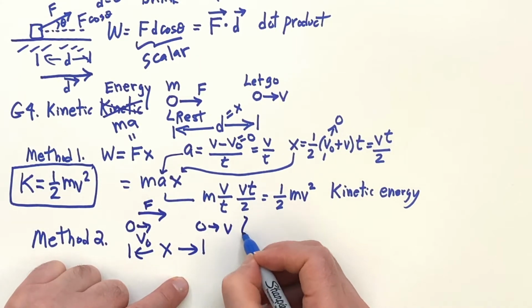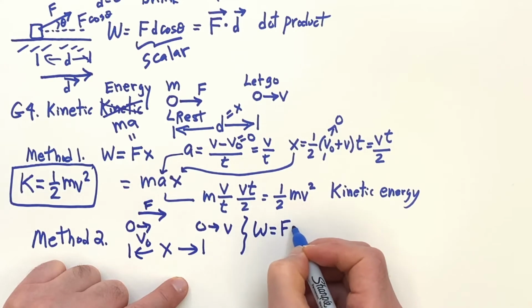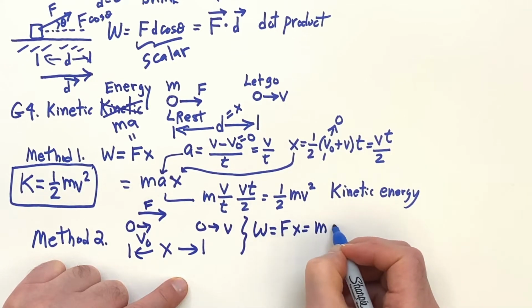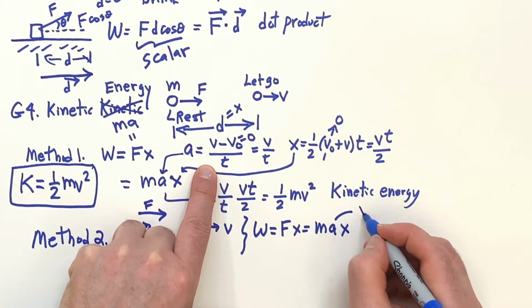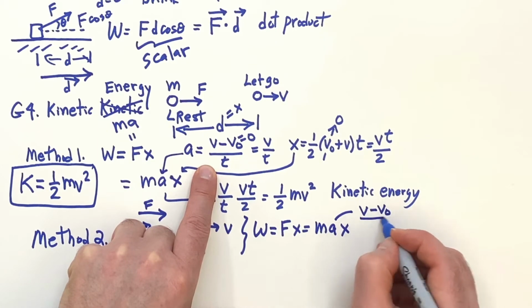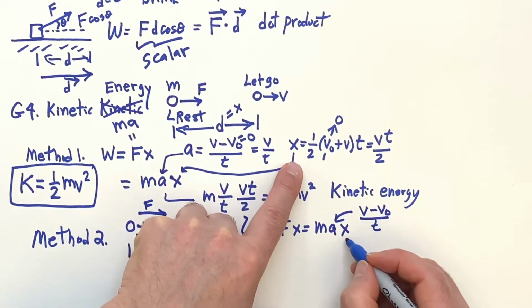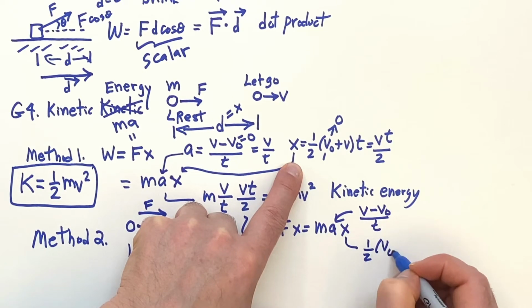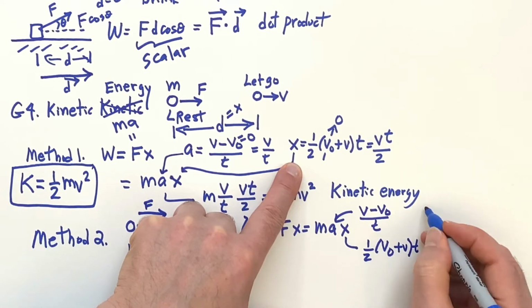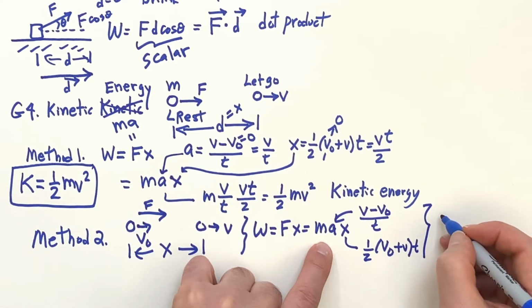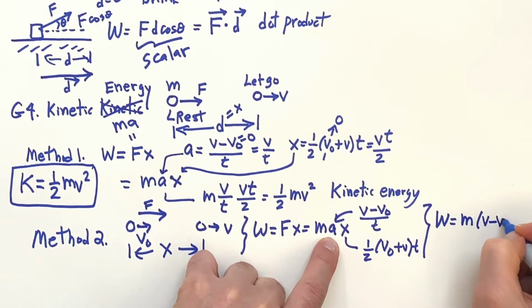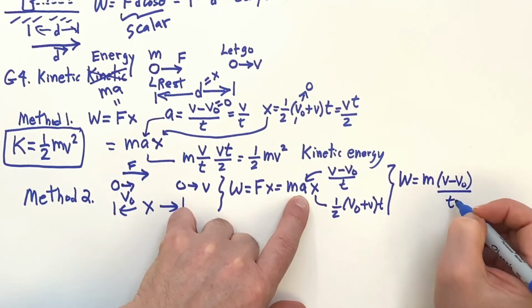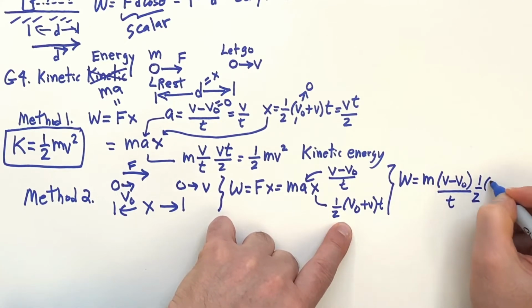So the only difference in this case, when we have F is ma and x, the acceleration now is going to be v minus v0, where v0 is not 0, over t. And then here, the x is going to be 1/2 v0 plus v times t. And when we do this, we'll have for the work m, this will be v minus v0 over t, and then we'll have a 1/2 v, I'll put the v first, plus v0 times t.